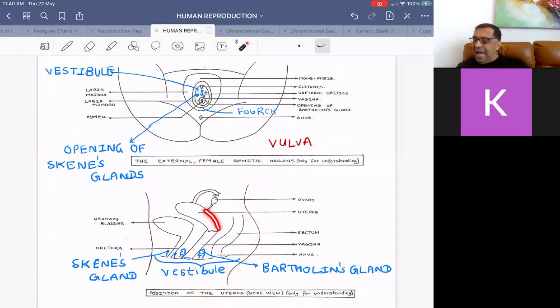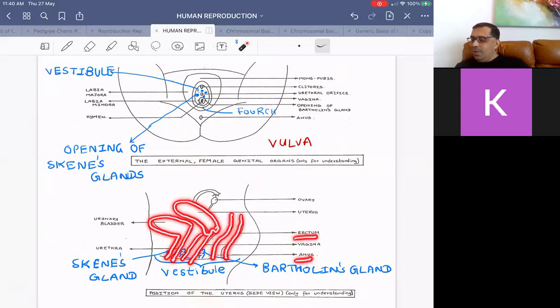Here we have the uterus and vagina. Here we have the urinary bladder and urethra. And here we have the rectum and anus.